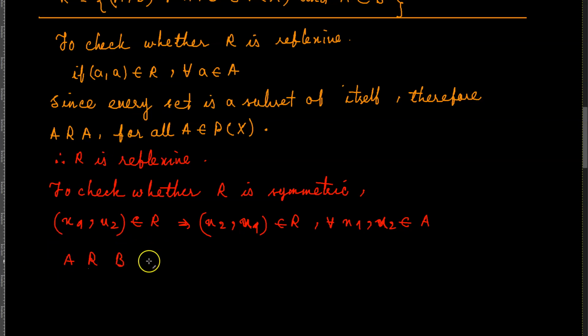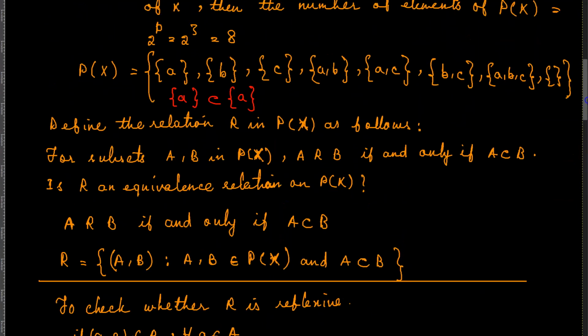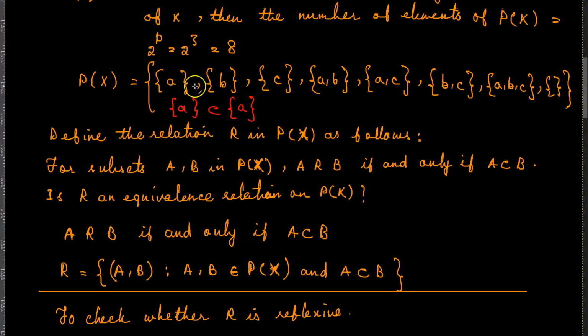If that is the case, then that has to imply that set B is also related to the set A, meaning that if A is a subset of B, that implies that B is also a subset of A, which is of course not the case. It cannot be the case ever, because, for example, A is a subset of {A, B}, right?